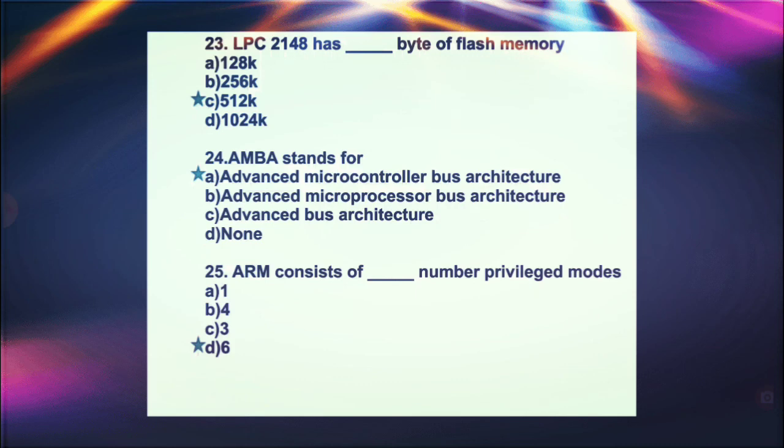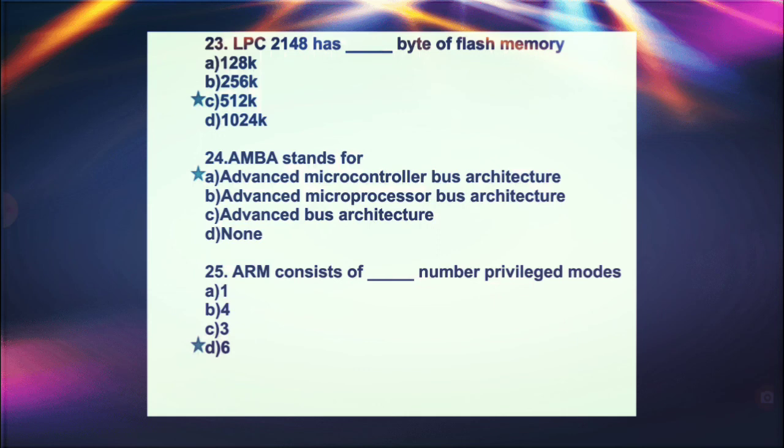The correct answer is 512K. AMBA stands for: Advanced Microcontroller Bus Architecture, Advanced Microprocessor Bus Architecture, Advanced Bus Architecture, none of the above. The correct answer is Advanced Microcontroller Bus Architecture.